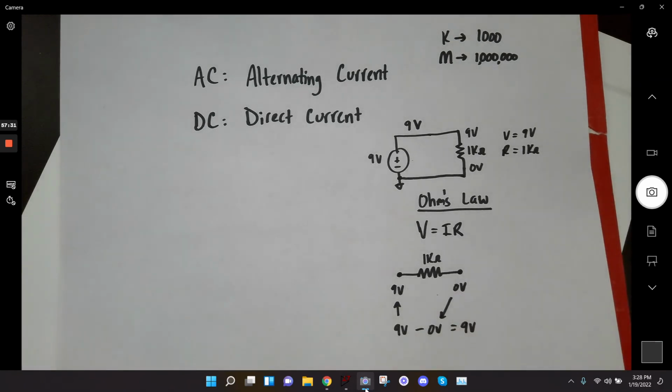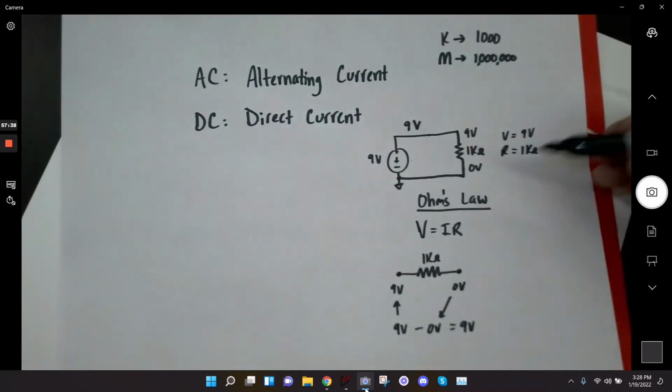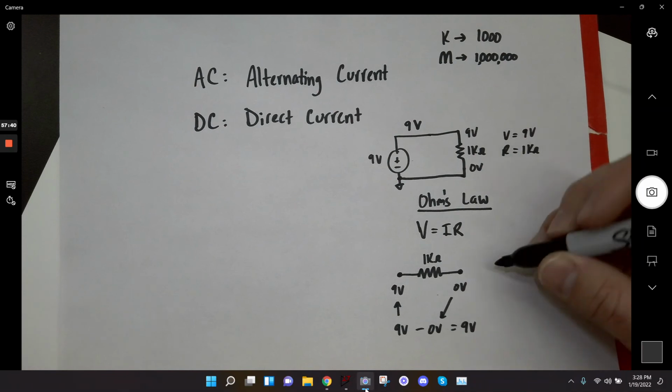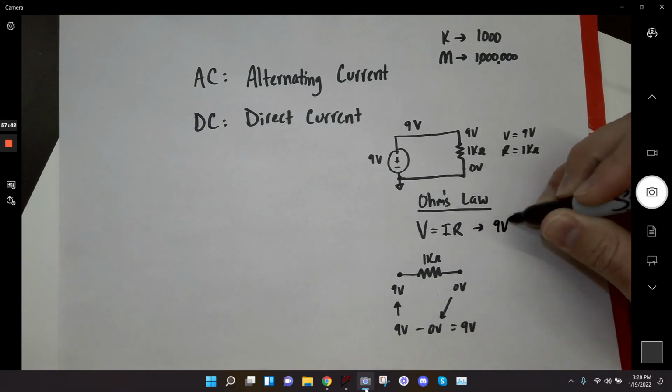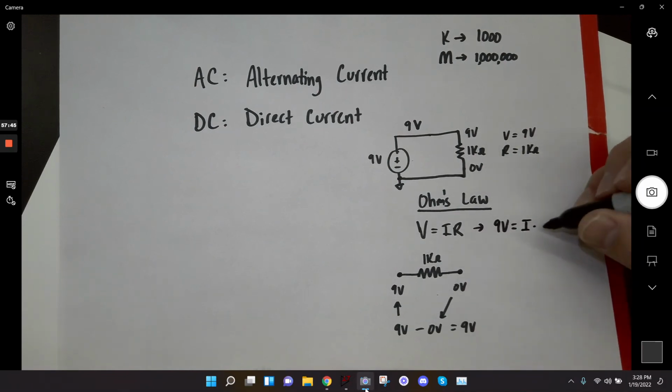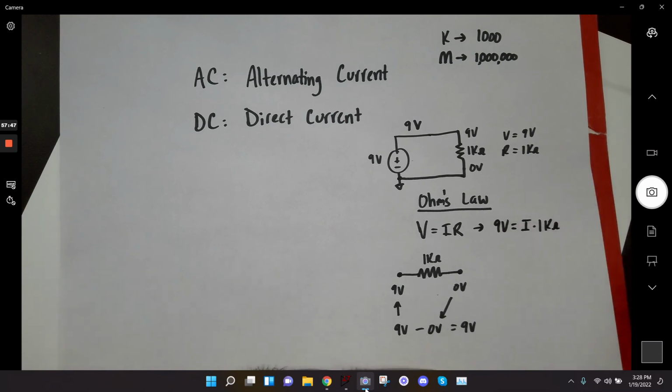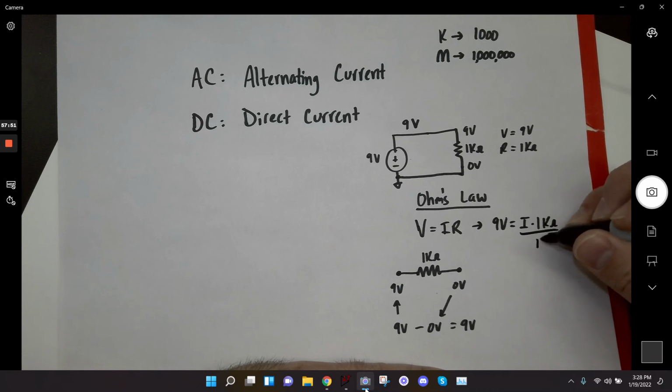If you have voltage and resistance, you can find current. If you have voltage and current, you can find resistance. Any two of these variables, you can find the third. So if I wanted to solve this, I would say 9 volts is equal to I times 1 kilo ohm. And now I can divide, this is where the algebra comes in, I can divide both sides by 1 kilo ohm.